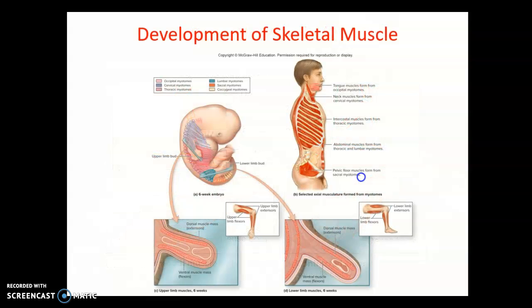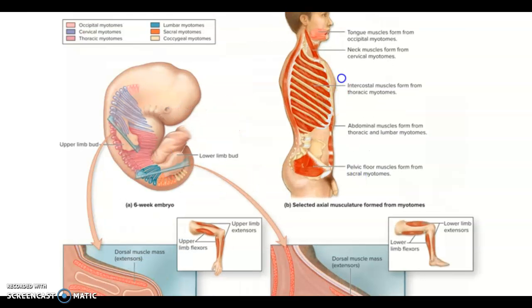Development we're not going to go too much into, but we'll talk a little bit about this. Tongue muscles are formed from occipital myotomes. Neck muscles from cervical myotomes. Myotomes are divisions of muscle that all do the same specific thing.